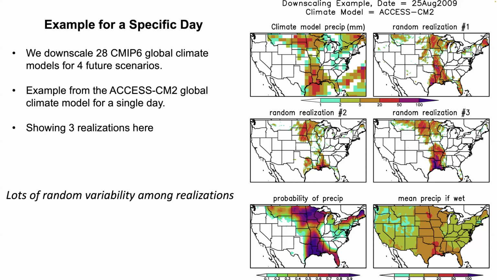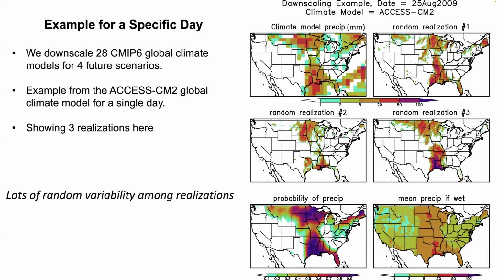And then this surge from the Gulf goes farther north than it did in the climate model. Realization 2 looks quite different. It doesn't capture nearly as much of the heavy rainfall near the Gulf, and it produces a heavier precipitation amount all the way down into Nebraska. But random realization number 3 looks awfully like the original climate model precipitation, but much more fine scale. You see this detail here in Louisiana and Texas that you don't get in the coarse GCM.